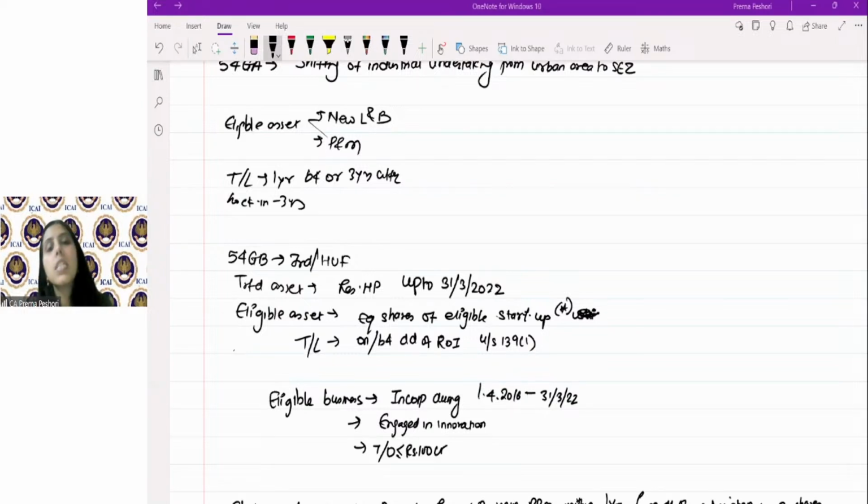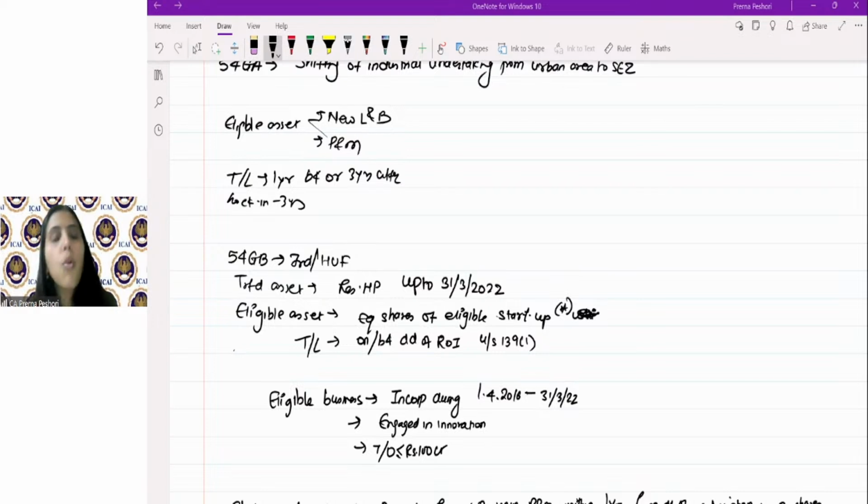Okay, next one is with regard to 54G, whether the advance given for the purchase of land, building, plant and machinery will amount to utilization of capital gain for the purpose of purchase and acquisition of new machinery under 54G. So whether advance can also be utilized.